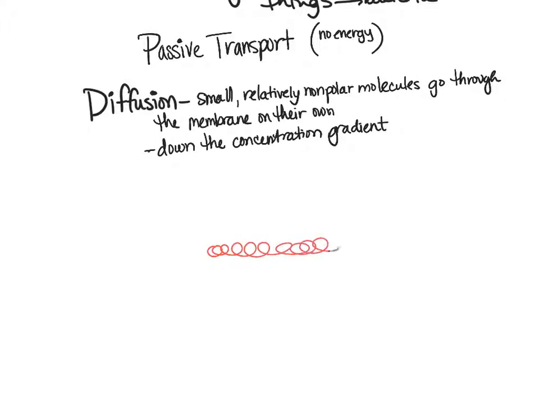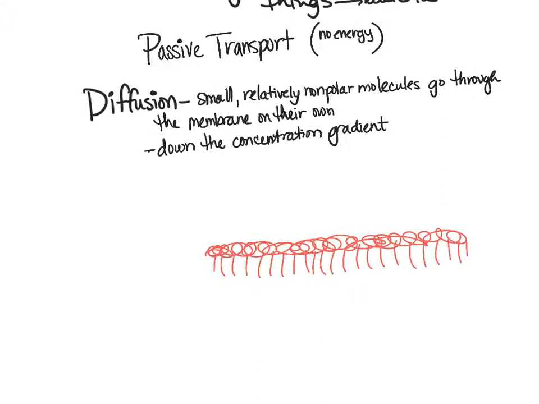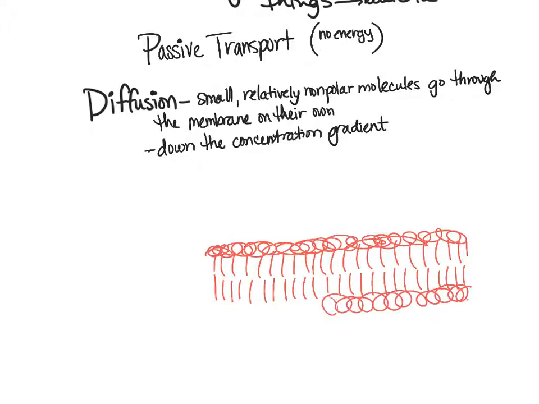So my shorthand version of the plasma membrane here. These are our phospholipids with our fatty acid tails, which aren't just straight like this, but for ease will be straight. Phospholipid heads here.